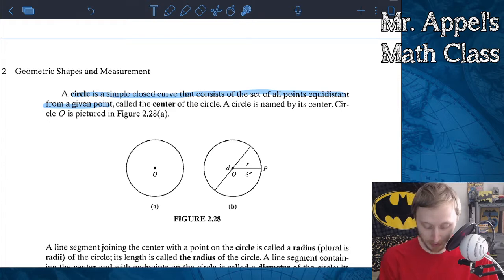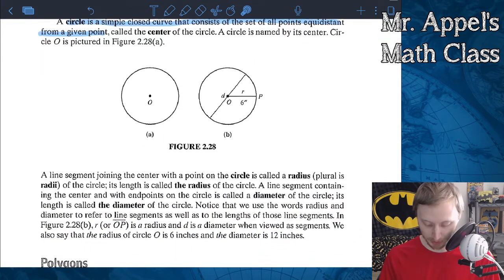So we're already used to that. Well, it looks like a curve. I drew a thing. Yeah, you drew the set of all points in a single direction. This is the set of all points that are a distance from a center. The center of the circle, right? A circle is named by its center. Circle O here is pictured in figure 228. So we got circle O. There it is.